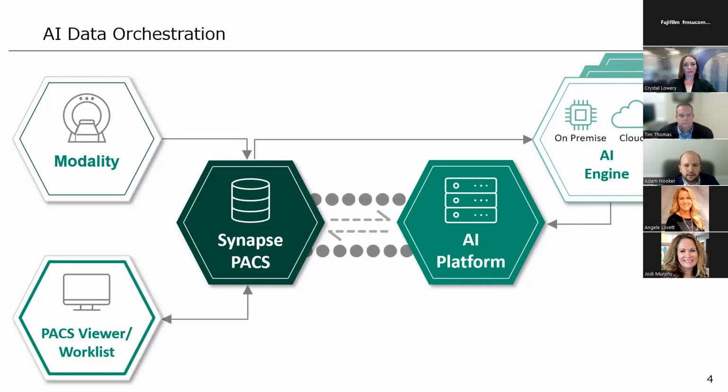Once that engine is done and has its findings, that information is then passed on to the AI platform, which is in constant communication with our PACS, which we then are able to provide down to the local workstation and within the web application for Synapse PACS. From there, now the user has all their AI findings right within Synapse and available to assist them with the diagnosis.